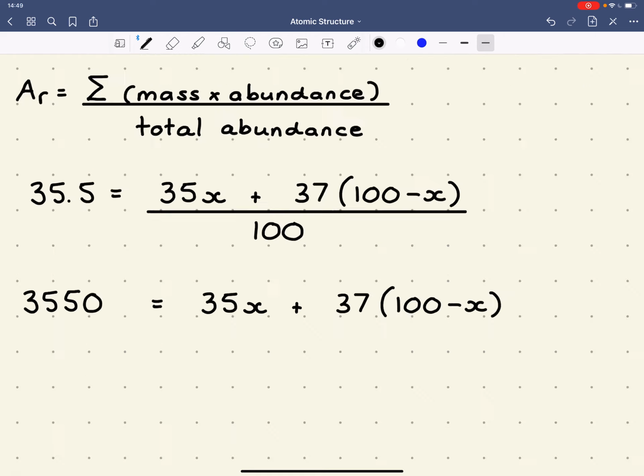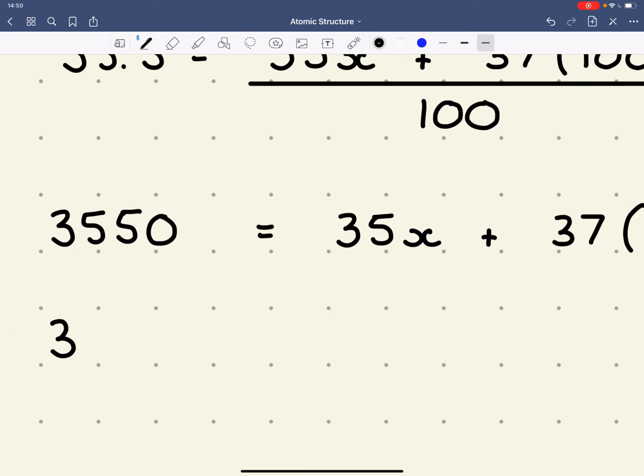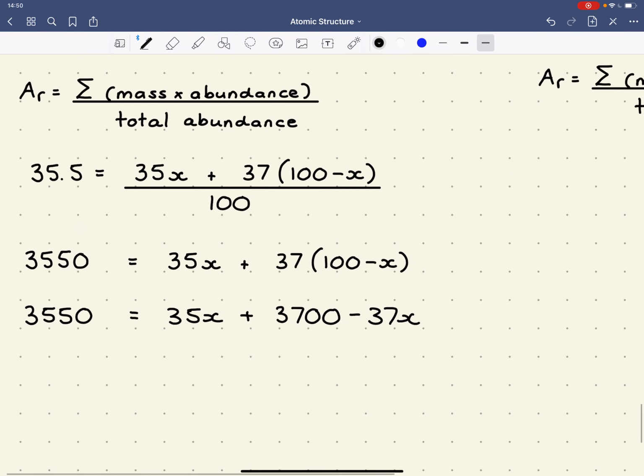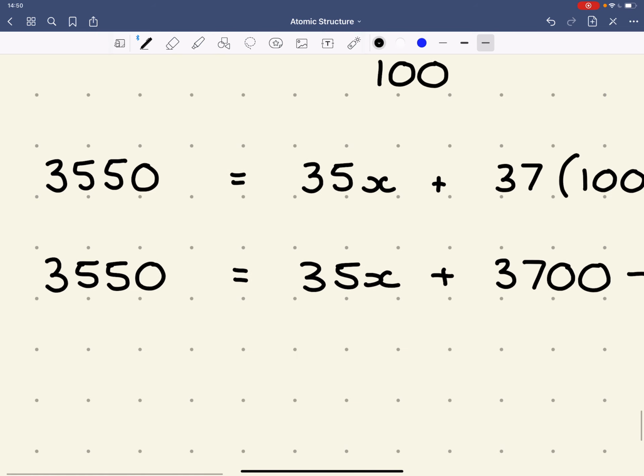And then it's just a case of opening the brackets. So we do 3,550 equals 35x plus, well, 37 times 100 is 3,700 minus 37x. And then it is just a case of collecting your terms. Collect the x's on one side, the non-x's on the other.